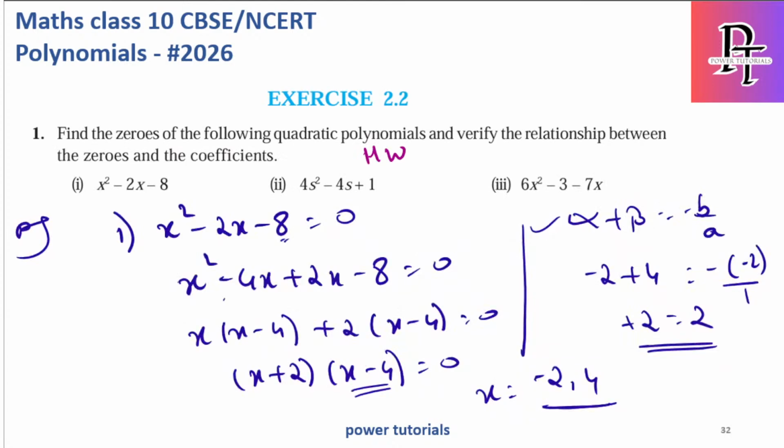The question is we have to find the zeros of this quadratic polynomial. Also we have to verify the relationship between zeros and coefficients. The equation is 4s square minus 4s plus 1. Let's solve that equation.